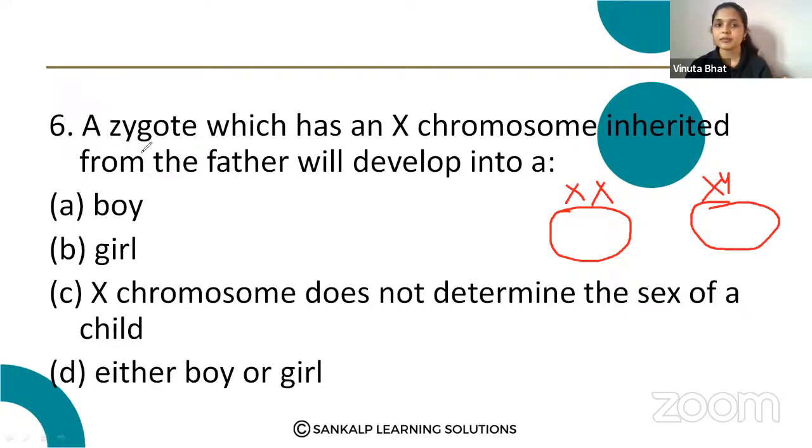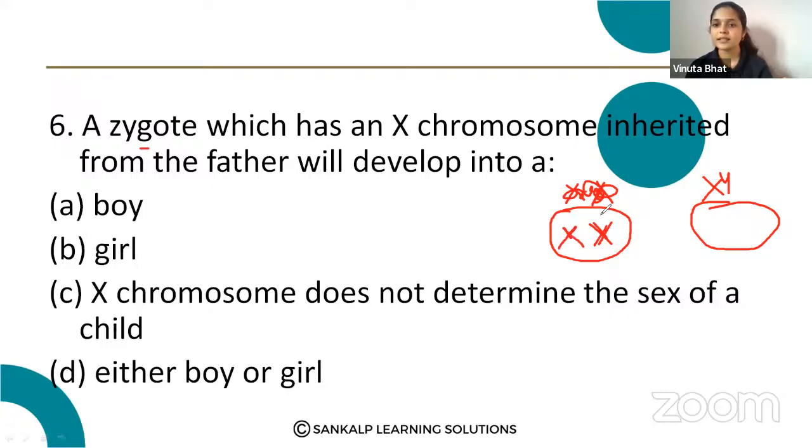So in human beings, it should be XX or XY, right? Here, the zygote has an X chromosome inherited from the father. So what will that zygote develop into? What is the sex of that zygote? How can we determine this? You know that the female egg always contains the X chromosome.